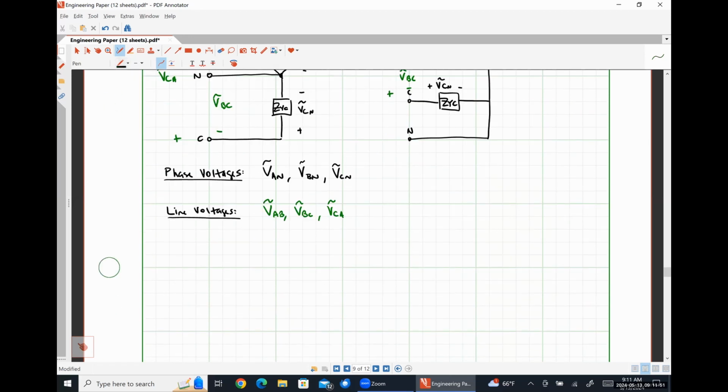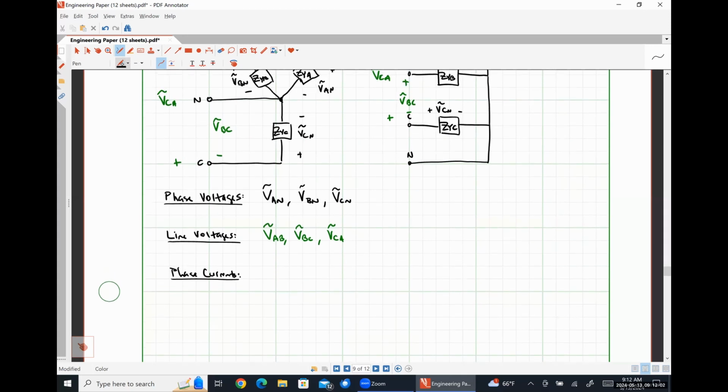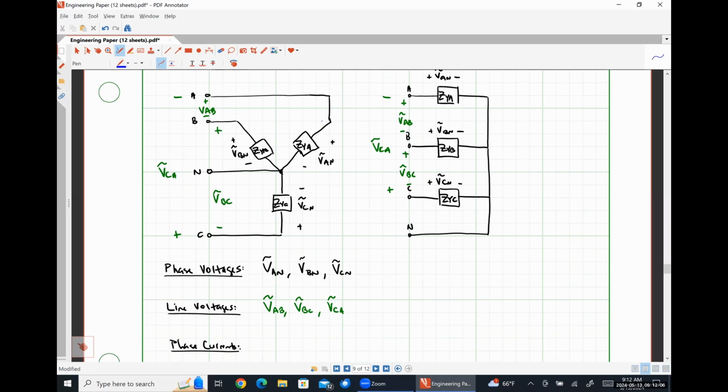And what about our phase currents? Absolutely right. So just the current flowing through one phase. So this guy right here is IAN. This right here is IBN. This one right here is ICN.